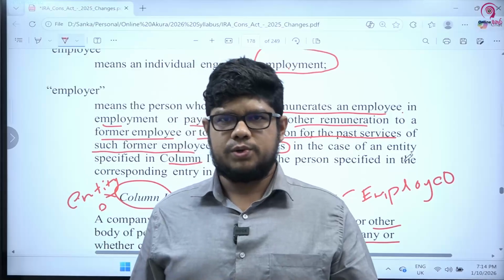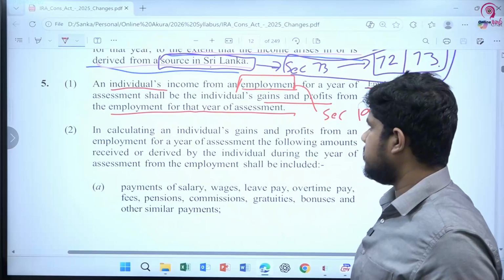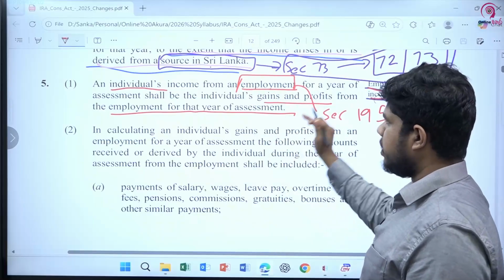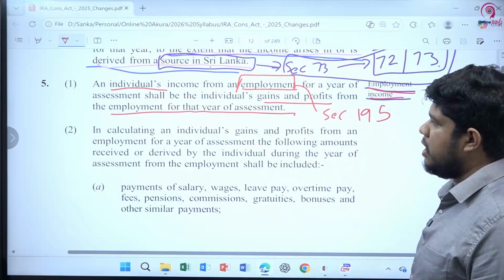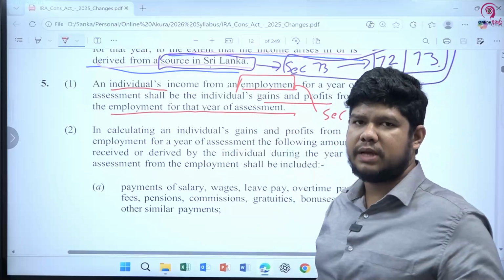Right. We'll go into the employment income part now. So, student, let's see this section again. An individual's income from an employment for a year of assessment shall be the individual's gains and profits from employment for that year of assessment. So now you have a better understanding of what employment is.